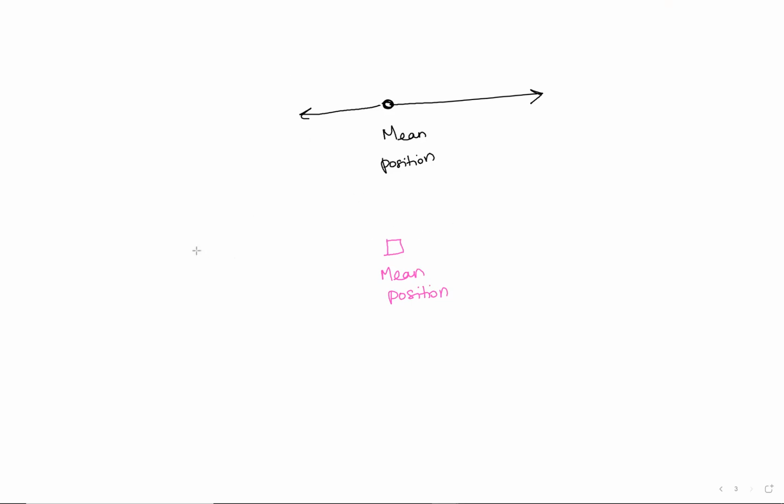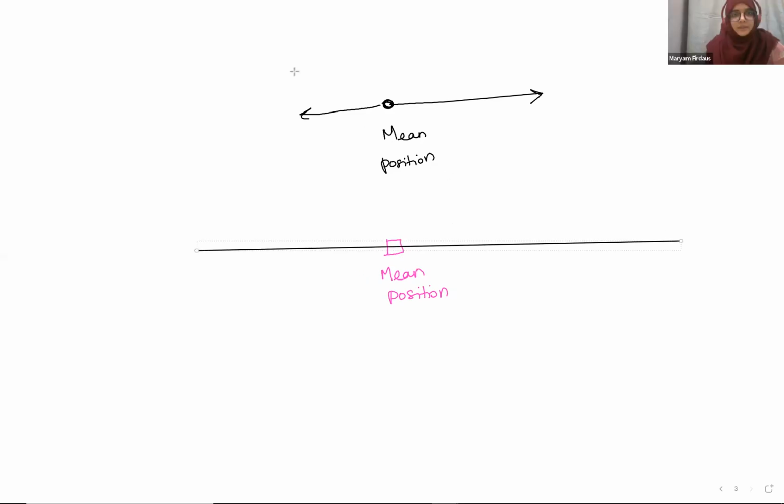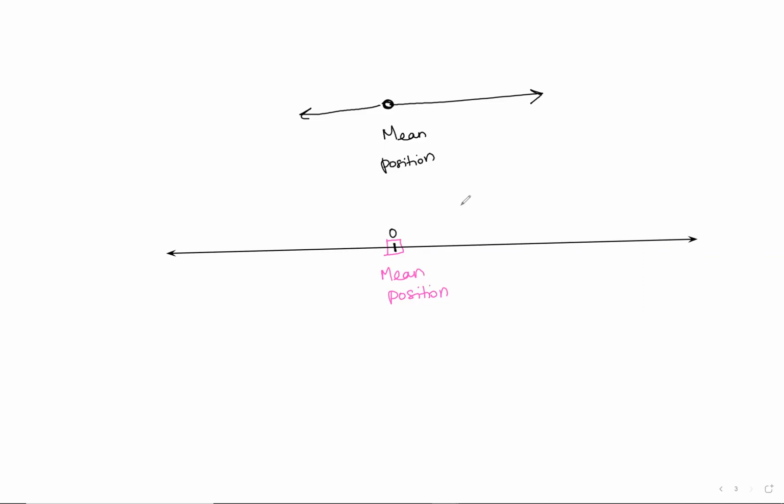Okay. So this is 0. You have moved 5 meters in the positive direction. So where have you come now?